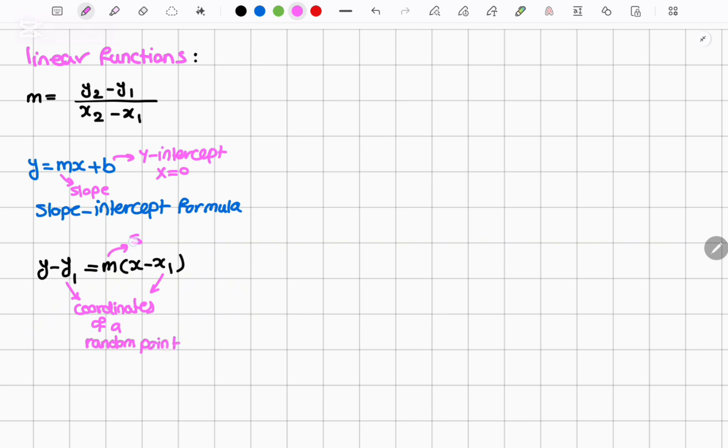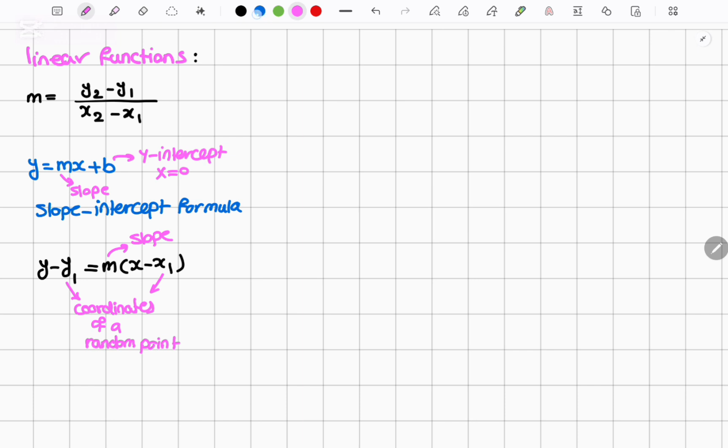And m, as you can imagine, represents the slope. Guys, this is the formula that you can use for all cases because it has the slope and a random point. Even if they give you the y-intercept, it is also considered a point of the graph. So you can use this formula everywhere, okay?